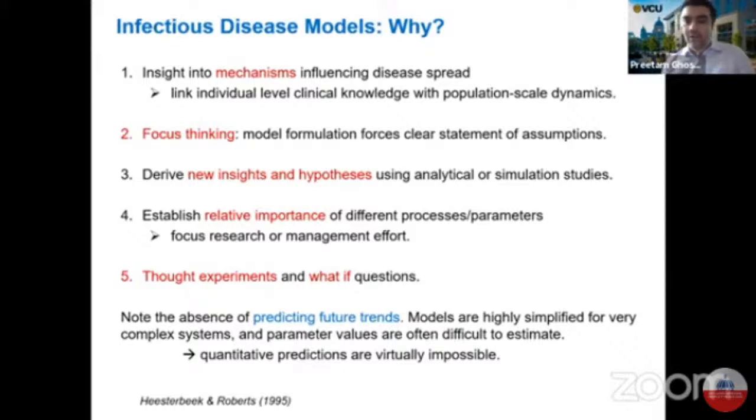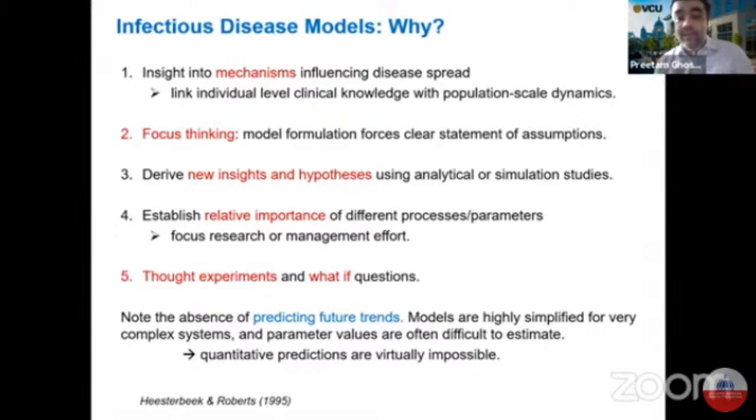Every model is wrong to some extent because it has to make some simplifying assumptions. There is no model out there right now which considers all the different complexities involved in infection spread, and more importantly, the human behavior factor. So proper articulation of assumptions is very important for these modeling activities.